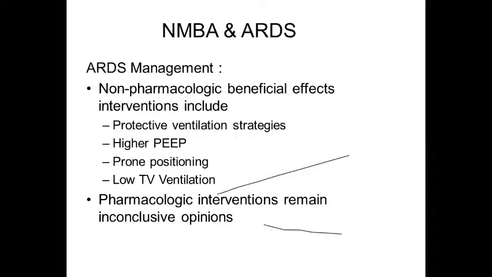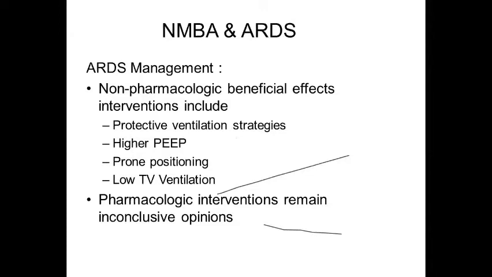Now let's take one by one. ARDS, acute respiratory distress syndrome. Most of the therapeutic strategies, either pharmacological or non-pharmacological, in ARDS are not very strong, except maybe the ARDSNet trials. Most of the strong evidence behind treatment of ARDS is for non-pharmacological measures and procedures.